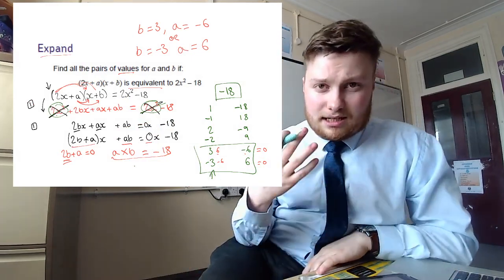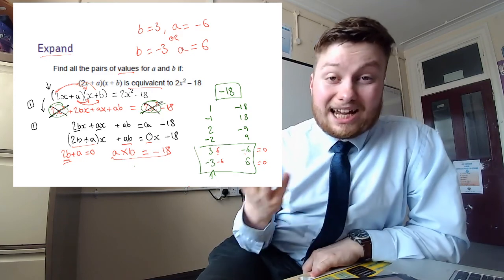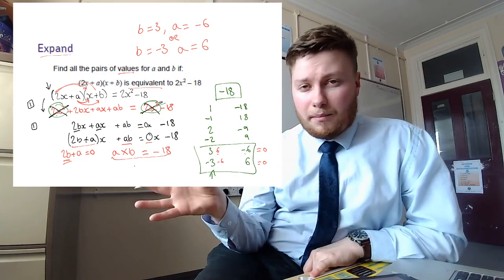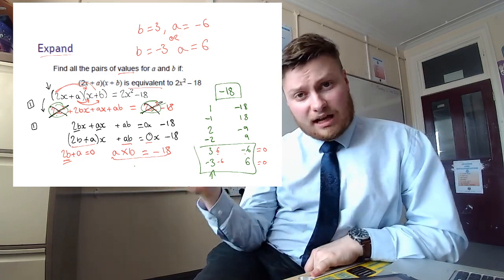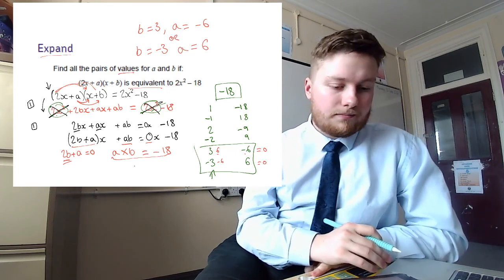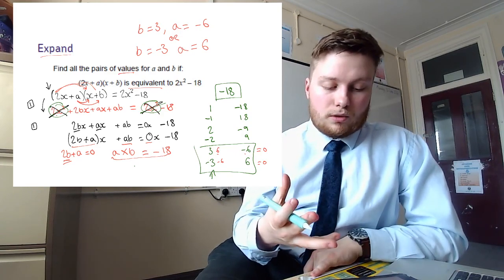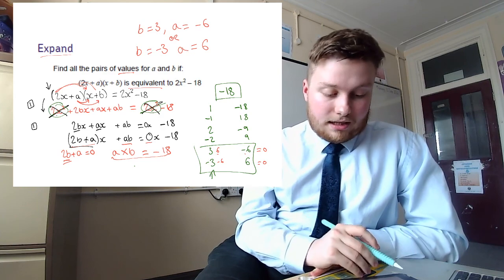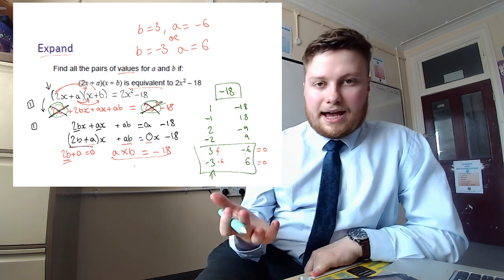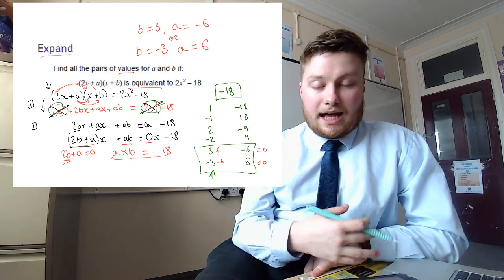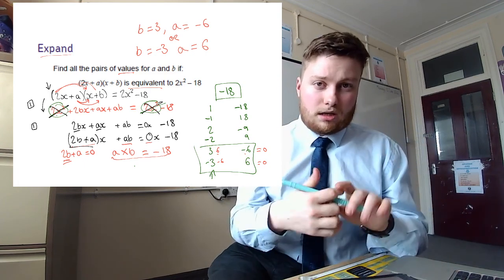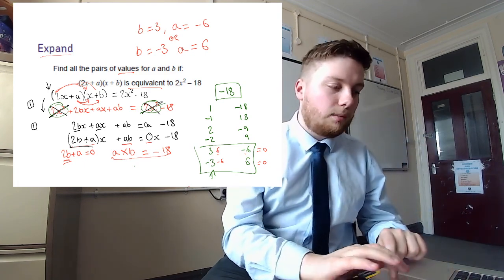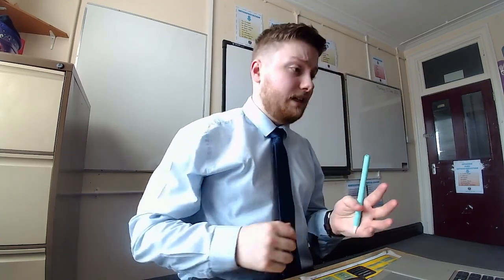But it's a fancy thing where we just look at the x's and we look at the numbers and we compare them on the left and right hand sides of the equal sign. That allows us to see that, on the left hand side, 2b plus a has to be equal to 0. And then once we've done that, we can start to solve the equation a little bit more easily. Okay, so hopefully that made sense.